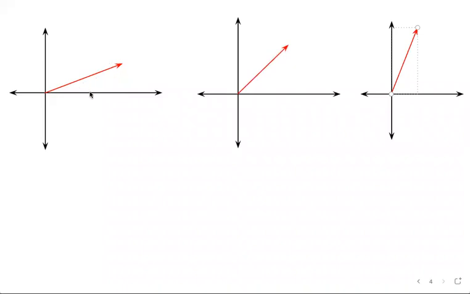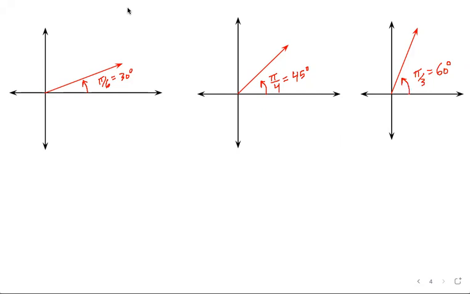All of them start from the positive x-axis. This one is pi over 6, and pi over 6 is equal to 30 degrees. This is pi over 4, which is 45 degrees. And this is pi over 3, and it's the same as 60 degrees.